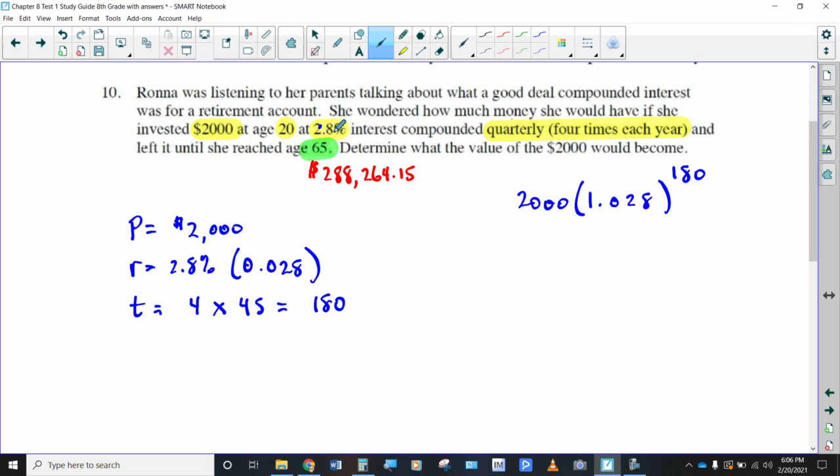Okay, it's not 2.8%. But the idea is, if you have an account where they automatically pull it out of your paycheck and you work solidly for 30, 40, 50 years, having that money deposited into a retirement account every single month, that's how you're going to have enough money to retire. And the more money you can put in at an early stage, the higher this is going to go.